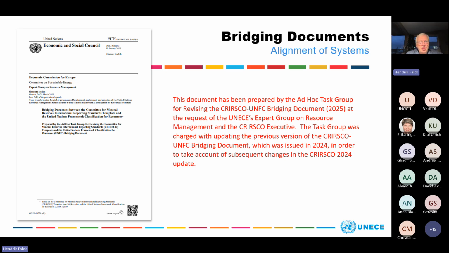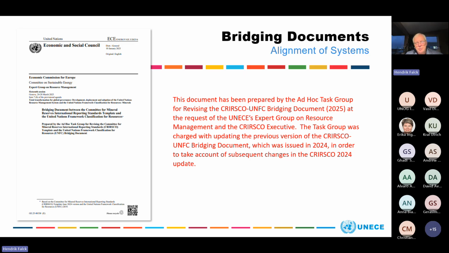Now, in the bridging document, there's a presentation of how these two systems are aligned, and this new bridging document was released last year and updates our UNFC 2019 classification to the CRIRSCO template as was issued in 2024.